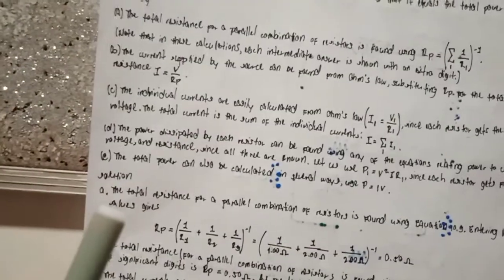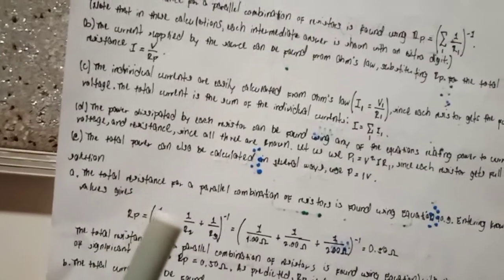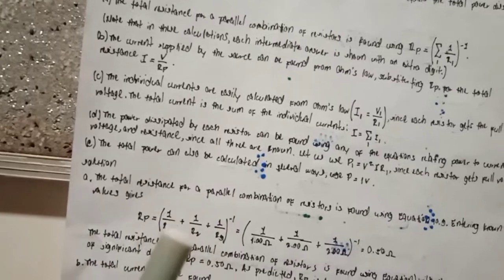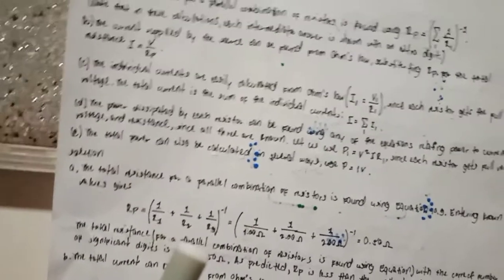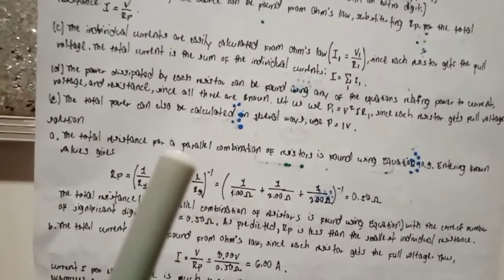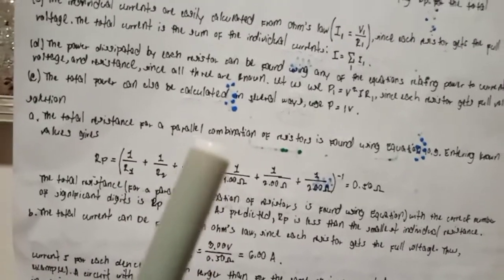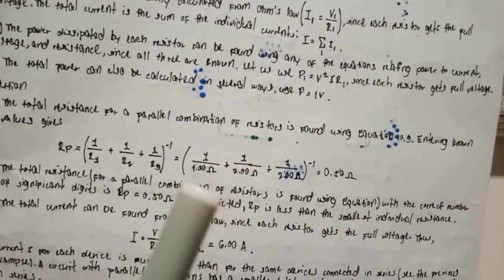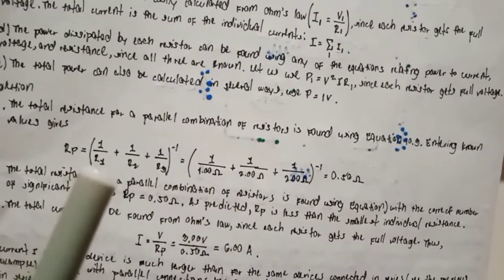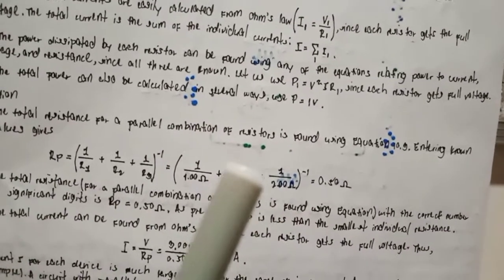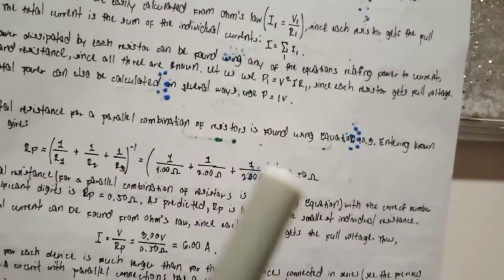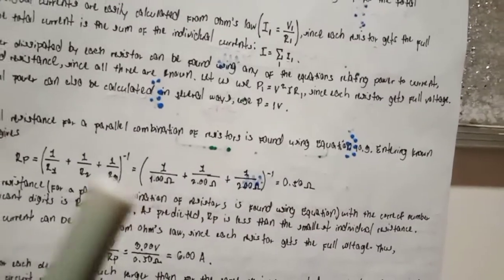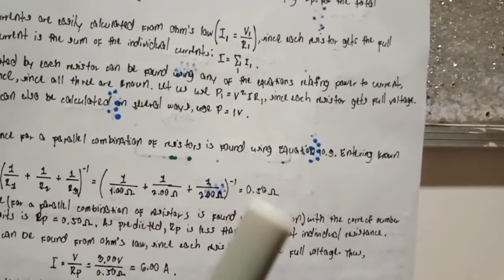Entering known values gives R sub P is equal to the quantity 1 over R sub 1 plus 1 over R sub 2 plus 1 over R sub 3, to the negative 1, which is equal to the quantity 1 over 1 ohm, that is our R sub 1, then plus 1 over 2 ohms, our R sub 2, then plus 1 over 2 ohms, our R sub 3. We are going to substitute.